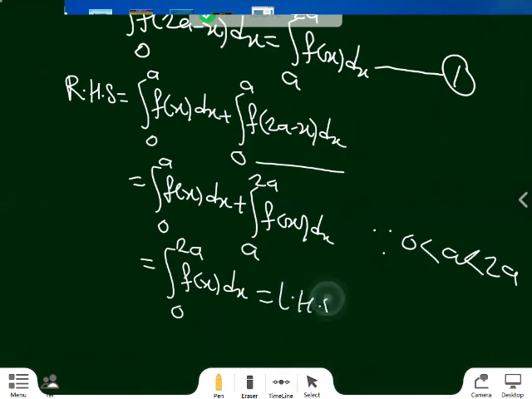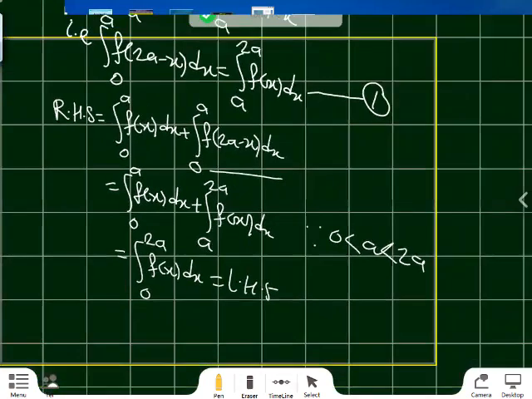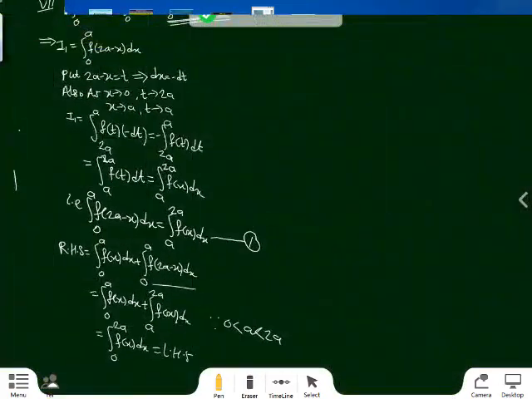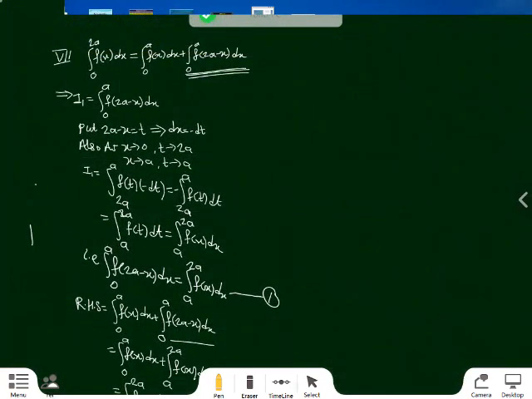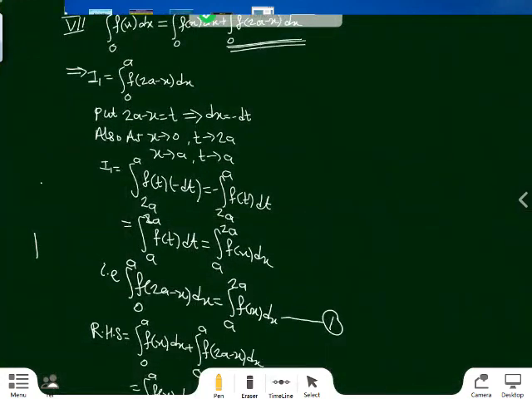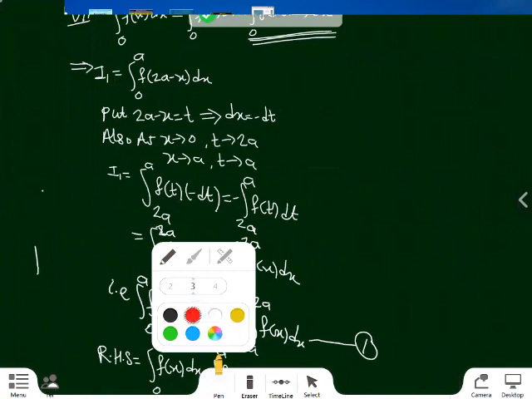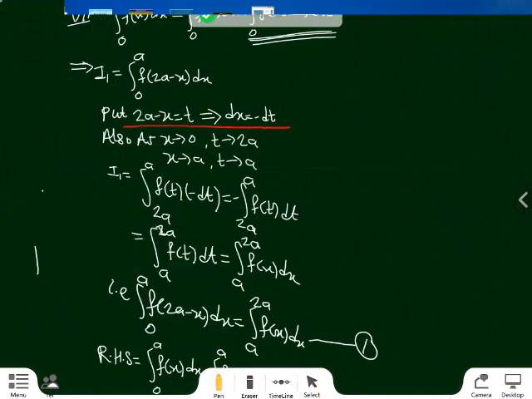Now, see again, to prove this property number 7, we take the second part on RHS, in which we make the substitution 2a minus x equals to t.